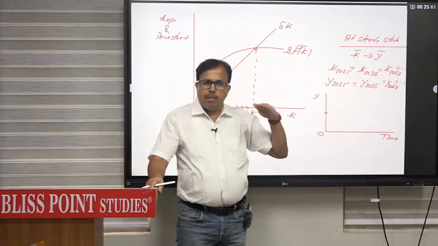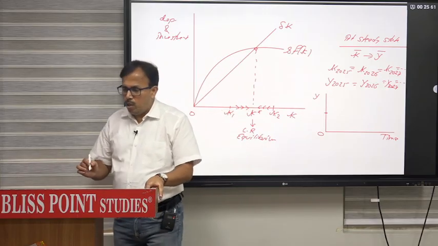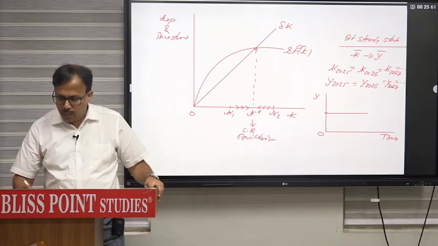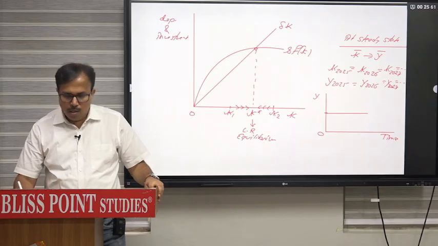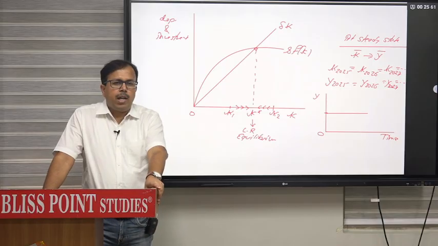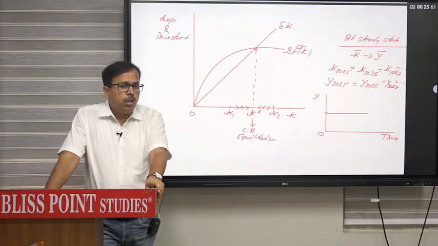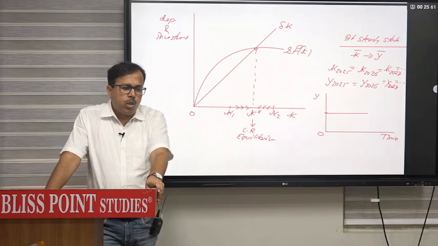For every year the value will remain the same. So GDP per capita for every year will remain the same. But if it is the same for every year, then is there any growth? The answer is no. There is no growth. Steady state पे कोई growth नहीं होता है. There is no growth at a steady state.